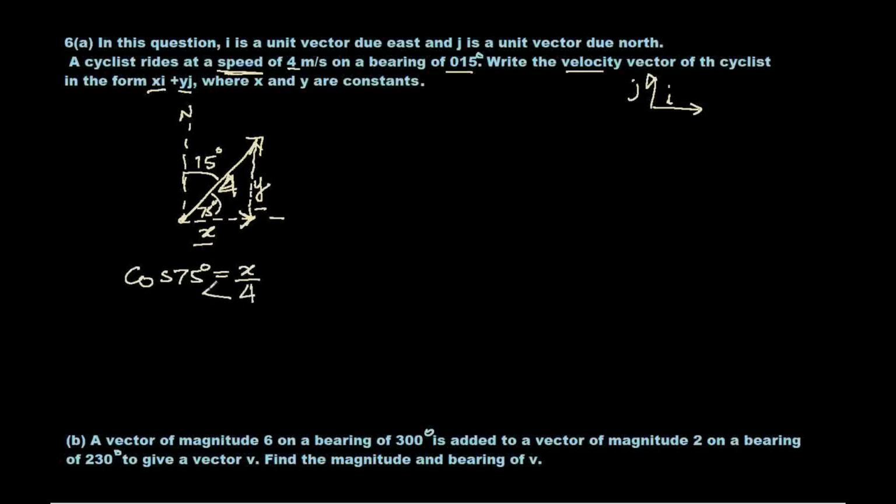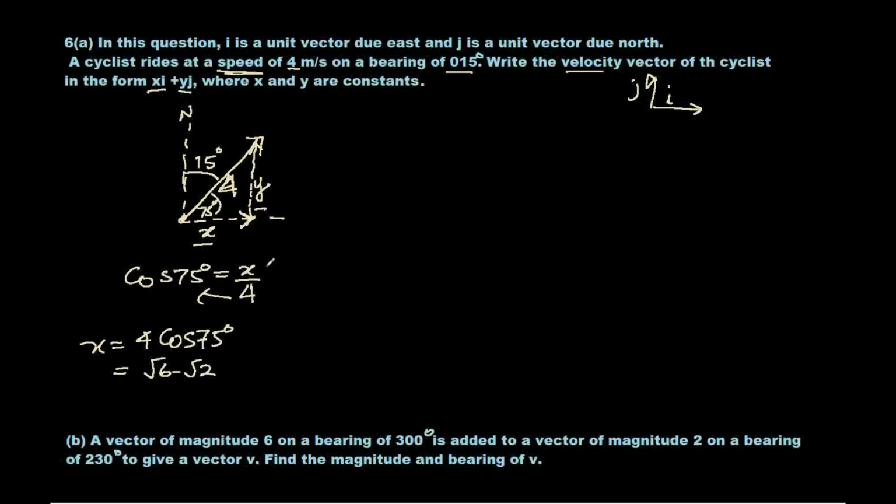So cross multiply, x is equal to 4 cos 75 degrees. And if I want to evaluate this, I can use my calculator and I get square root 6 minus square root 2. That is the value of x.